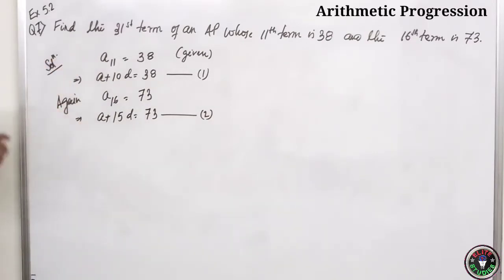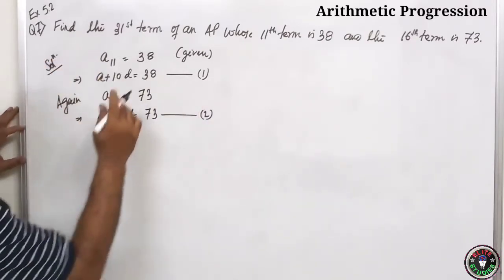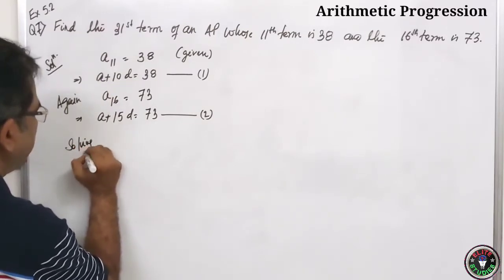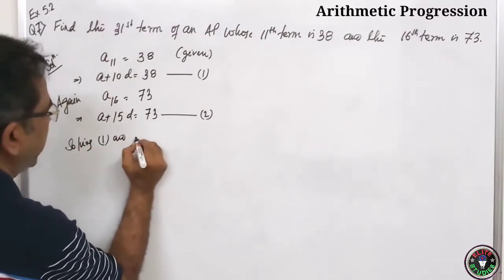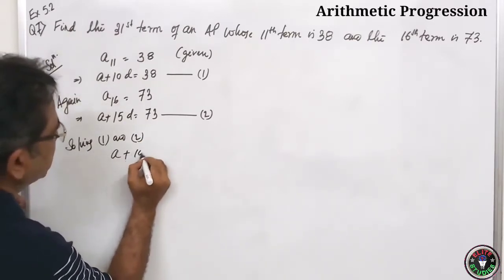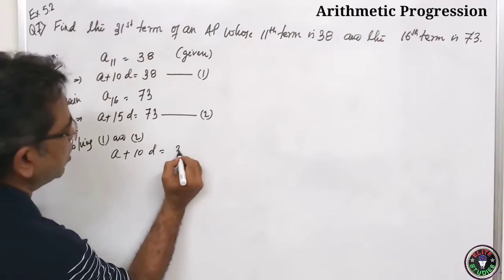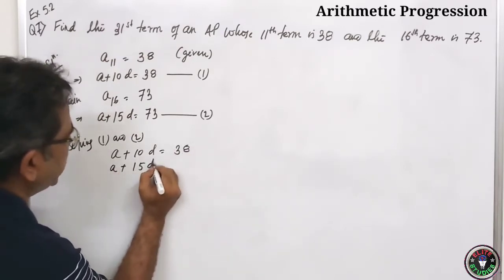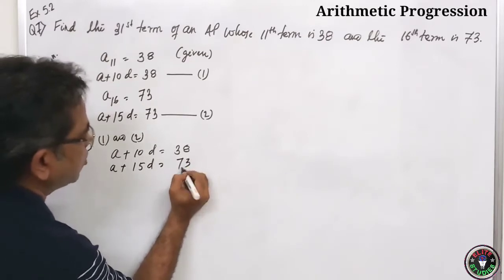Now, as I told you, we have got two equations. So solving 1 and 2, we get a plus 10d is equal to 38 and a plus 15d is equal to 73.